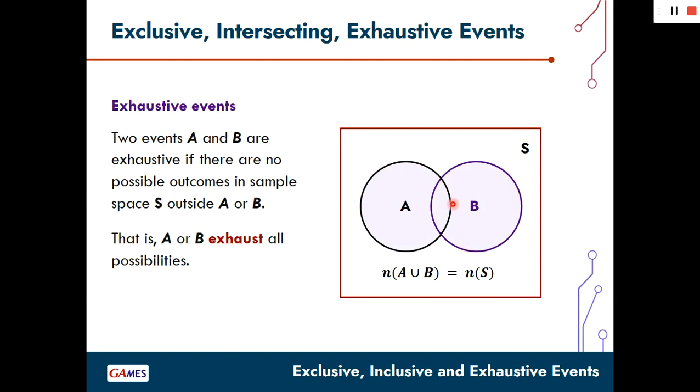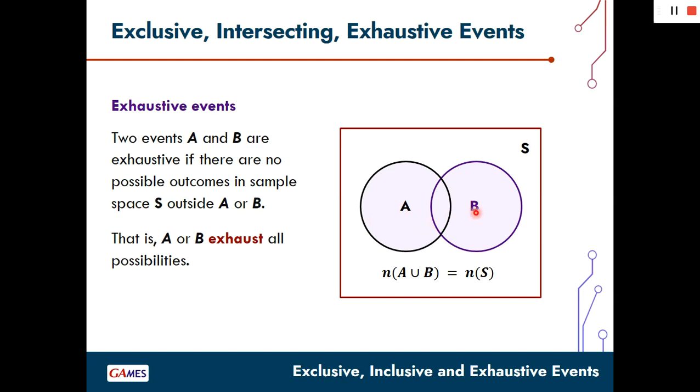When we talk about exhaustive events, what we're really saying is that we have two events occurring such that all the possible outcomes you can have in this entire sample space actually exist within those two events.